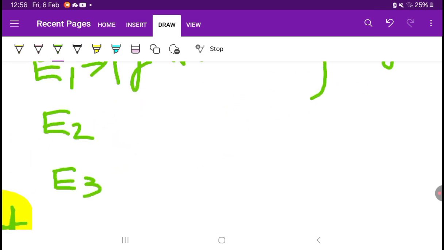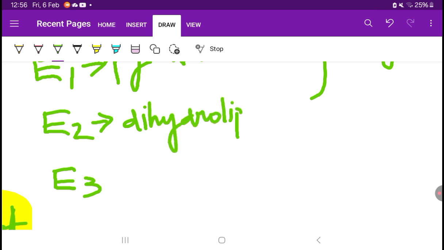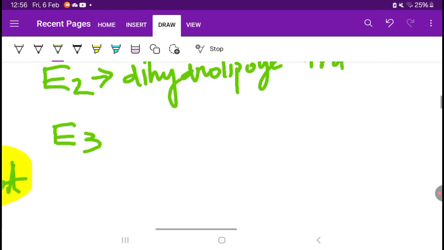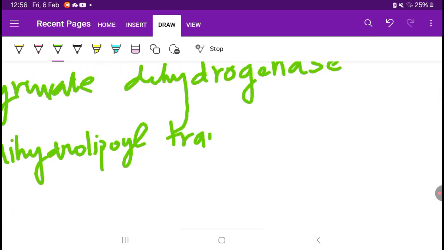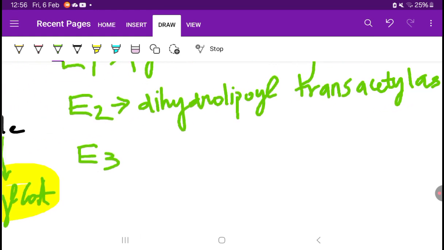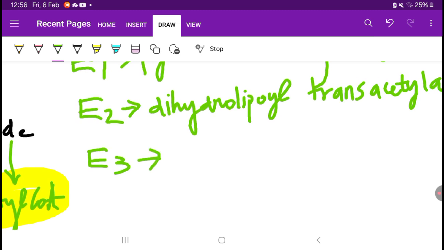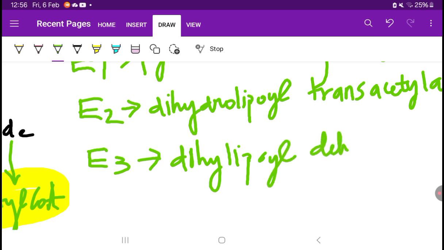Second enzyme is called dihydrolipoyl transacetylase. Third enzyme is dihydrolipoyl dehydrogenase.